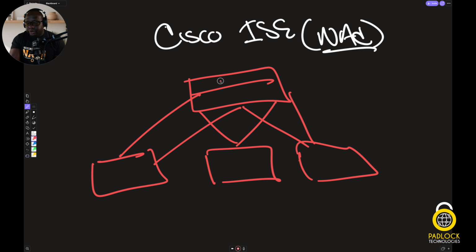These are two switches here, switch one, switch two. Then we're going to draw a line between them, because this is going to be your layer two, layer three demarcation.